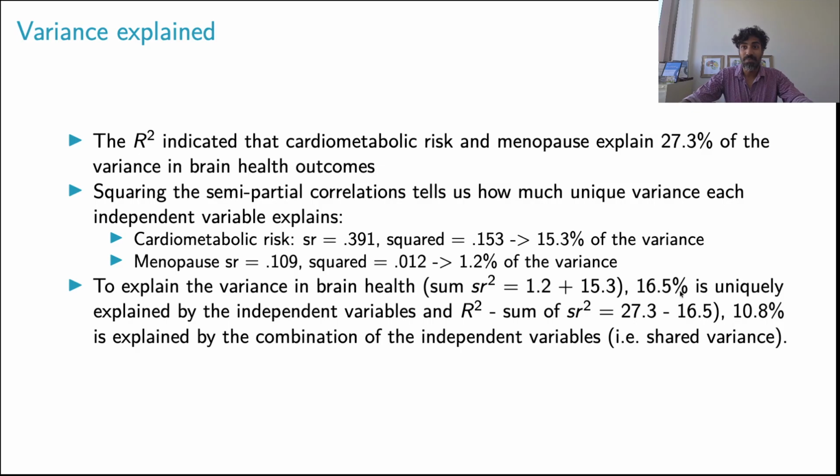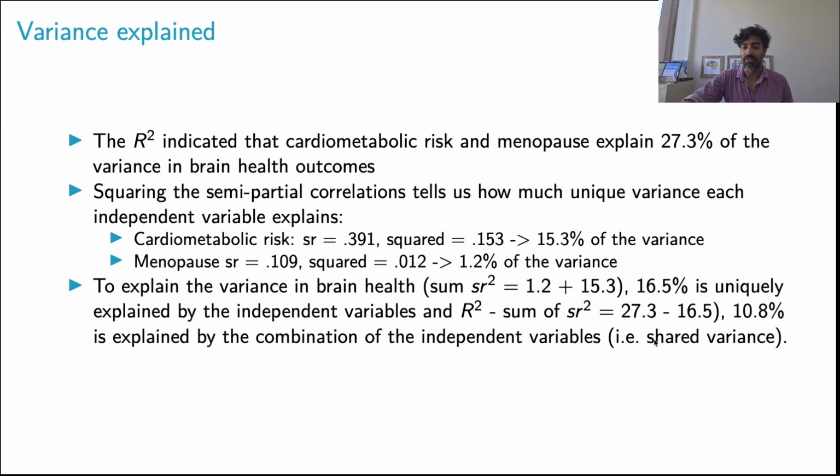So 16.5% is uniquely explained by the independent variables. R squared represents the shared variance, and the sum of SR squared represents the unique variance, so you get 27.3 minus 16.5. That allows you to know that 10.8% is explained by the combination of the independent variables.